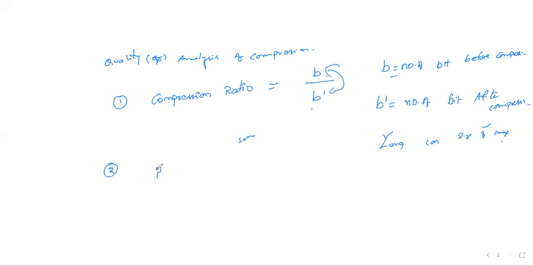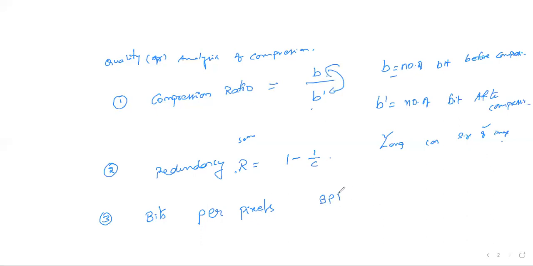The second parameter is redundancy. Redundancy is given as capital R equals 1 minus 1 by C. And one more parameter is bits per pixel.